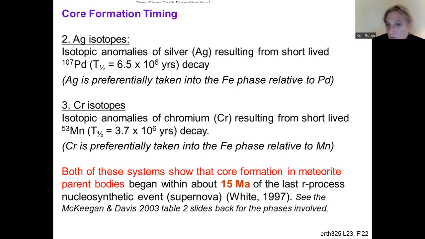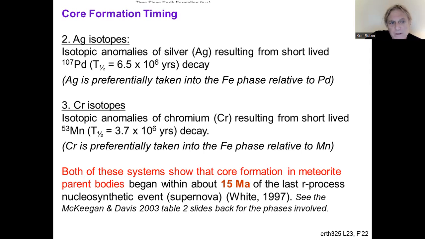There's evidence from chromium isotopes, which result from the short-lived decay of manganese 53. The chromium, again, is preferentially dissolved into iron; relative to manganese, it is more siderophile. So seeing isotope anomalies in chromium in the silicate Earth again suggests that there was still live manganese when the core was formed, and it stripped out some of that chromium before it decayed.